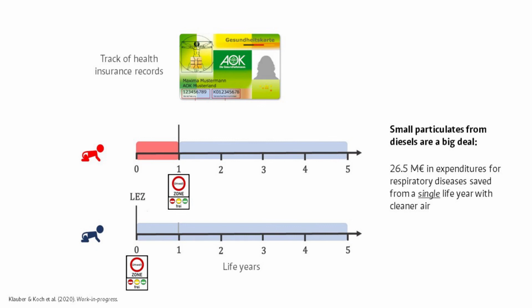The quasi-experiment in that case was that we compared newborns that were protected by a diesel ban in German cities in their first year of life with unprotected children, children that would only be protected by a driving ban after year one. And the important finding from that study is that these small particulates in the air from diesel exhaust are a big deal for our public health costs.